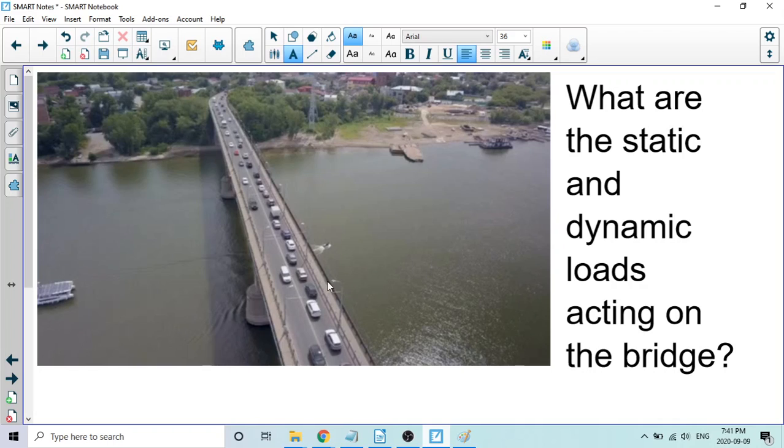The water is probably moving, so that's probably a dynamic load, flowing water. Any wind that's pushing on it, that would be dynamic, it's moving. The weight of the bridge itself isn't changing, I hope. Otherwise, it's falling apart. So that would be static. So there's a whole lot here. If this boat crashes into the bridge, that would be dynamic and pretty bad for the boat. Anything like this.